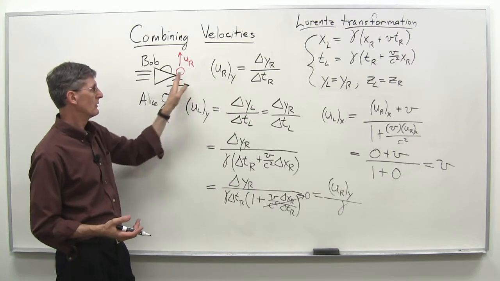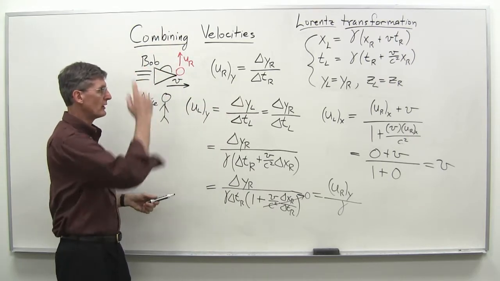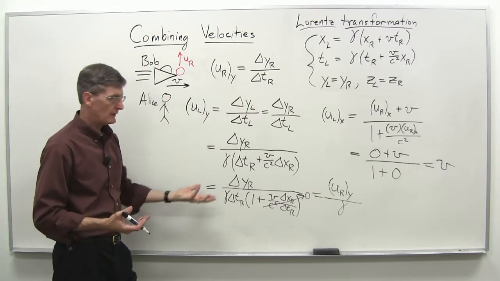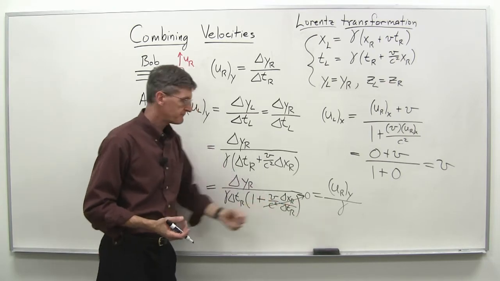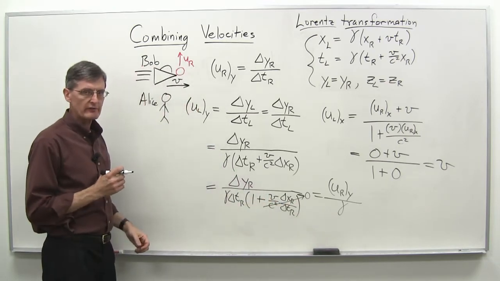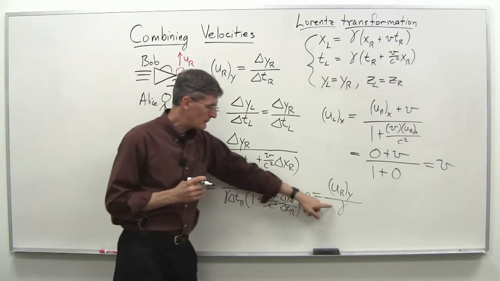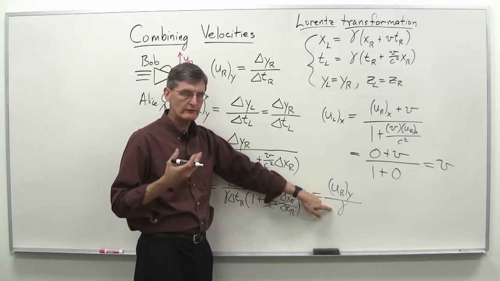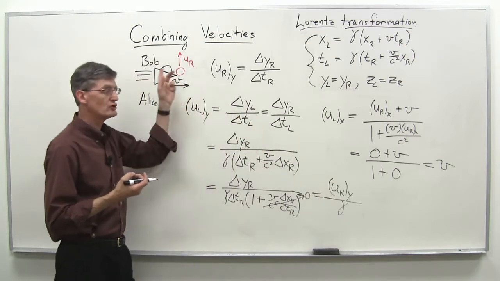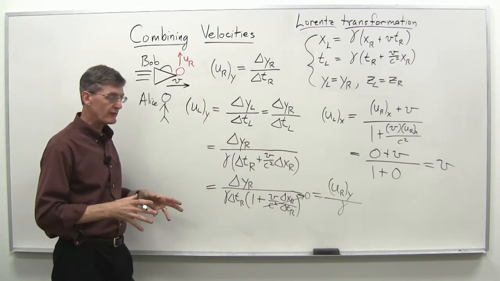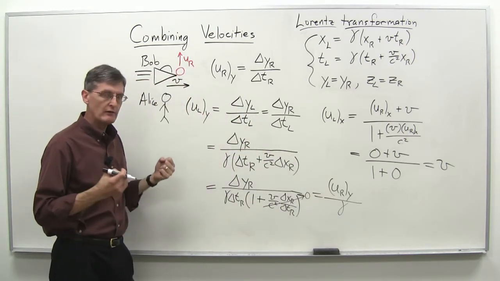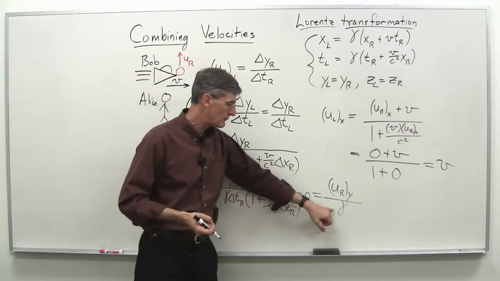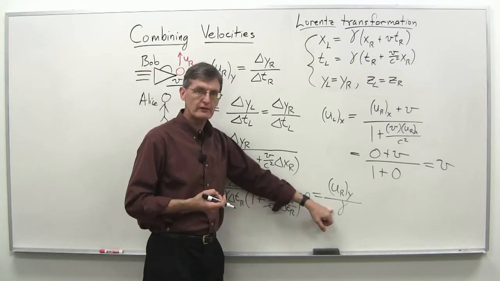So it is whatever velocity Bob sees them shooting up, divided by gamma. Note one very interesting thing here: gamma is in the denominator. So as the velocity of the pod shooting up gets faster and faster, closer to the speed of light, remember what happens to gamma? Gamma gets close to infinity.